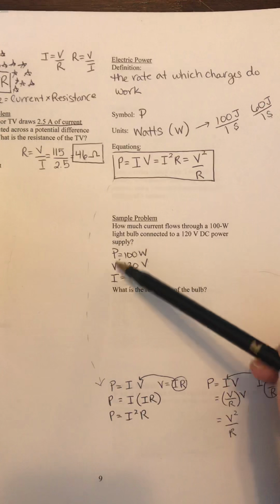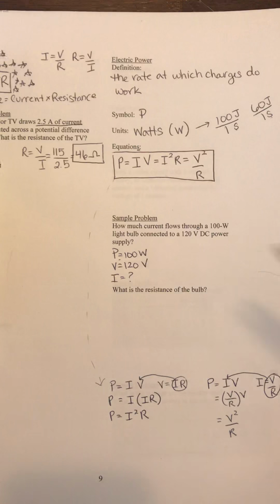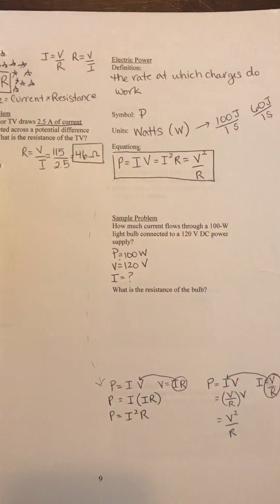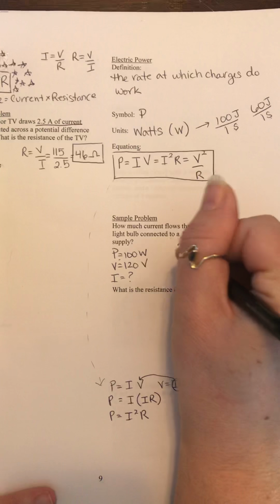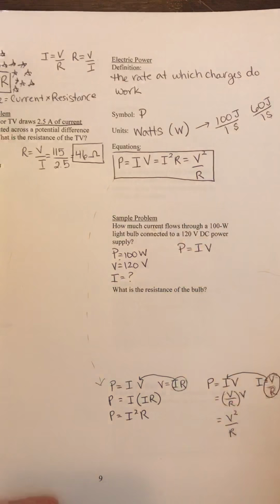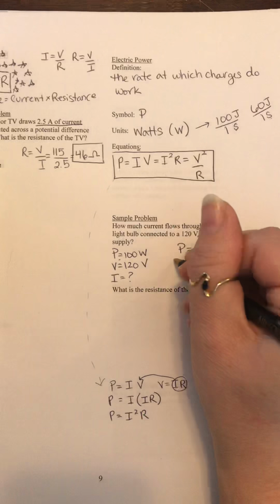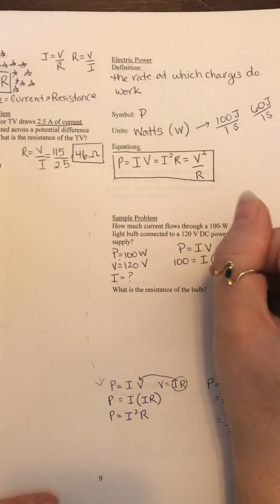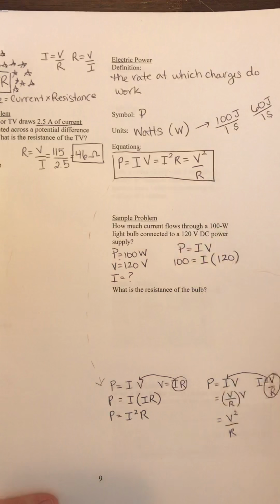Okay, well, based on what we have, which equation should we use? Equation number 1, equation number 2, or equation number 3? Hopefully you all picked 1, which says P equals IV, or we're going to take our power, which is 100 watts, equals I times our voltage of 120 volts.